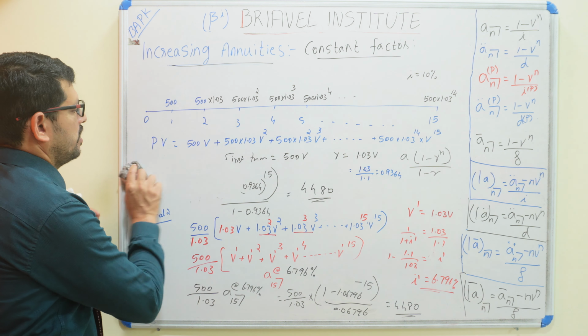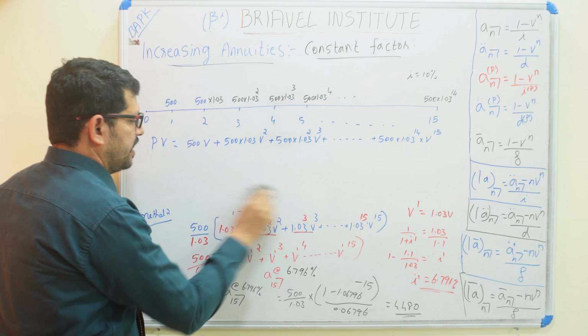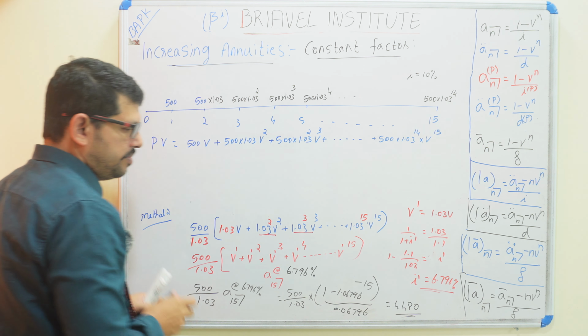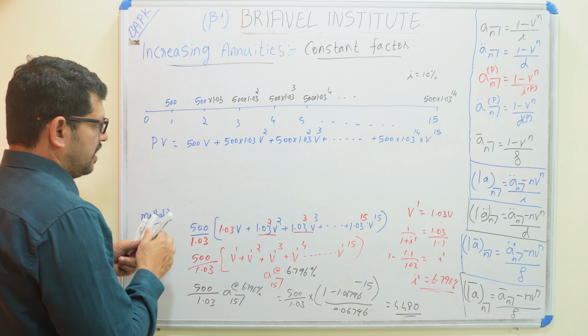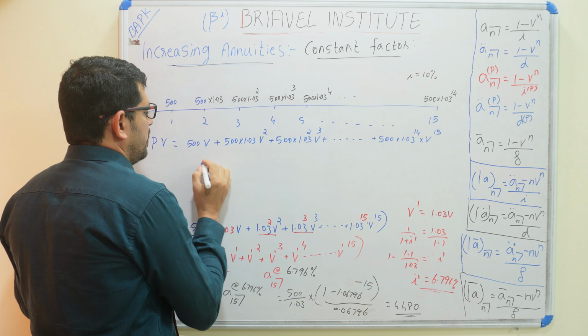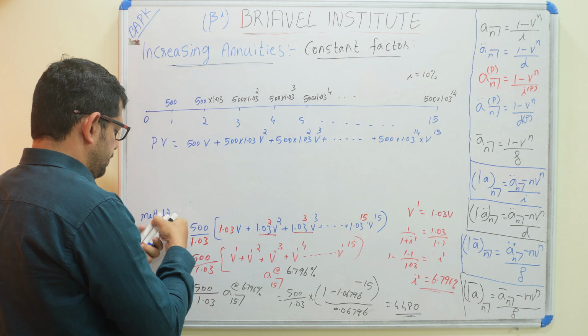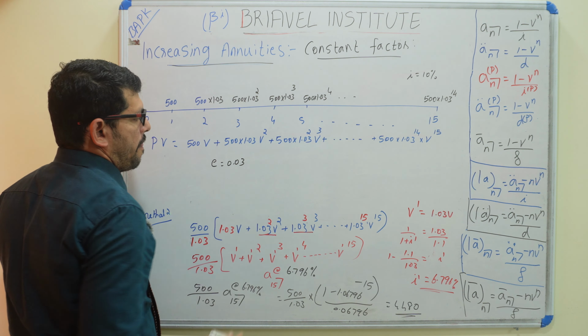Now you see here, one more formula we can apply for finding out the V dash. Here the constant increase is 1.03. So we are saying that E is equal to 0.03.